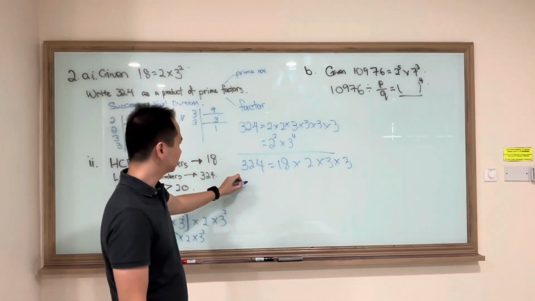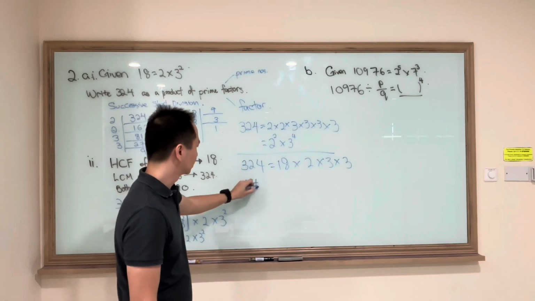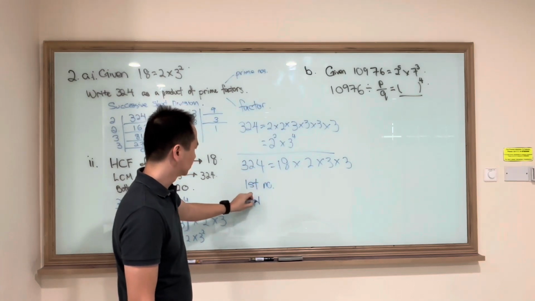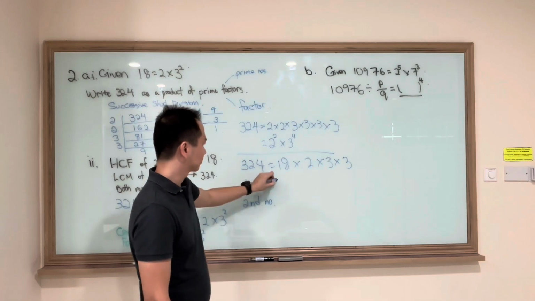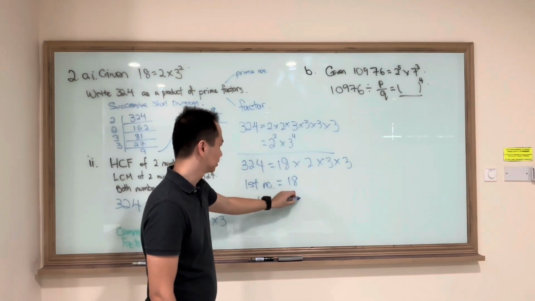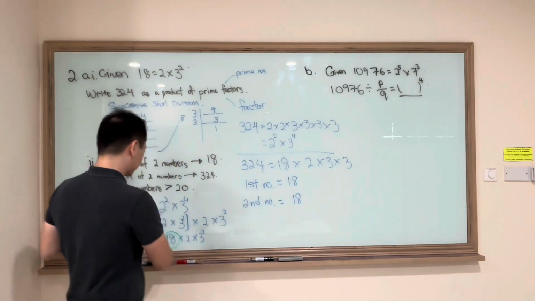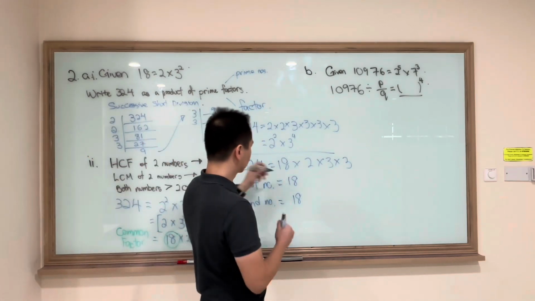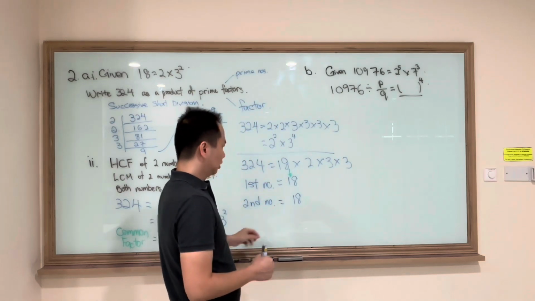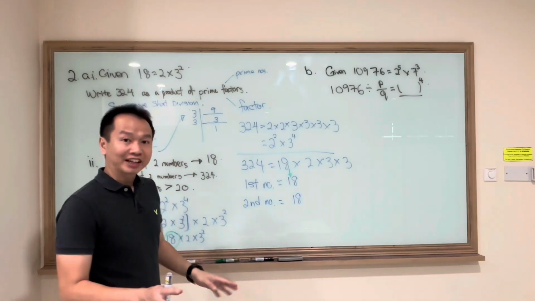So, first number. Second number. We know that it has the factor of 18, so we write 18 down here. Next, it says that the highest common factor is 18.